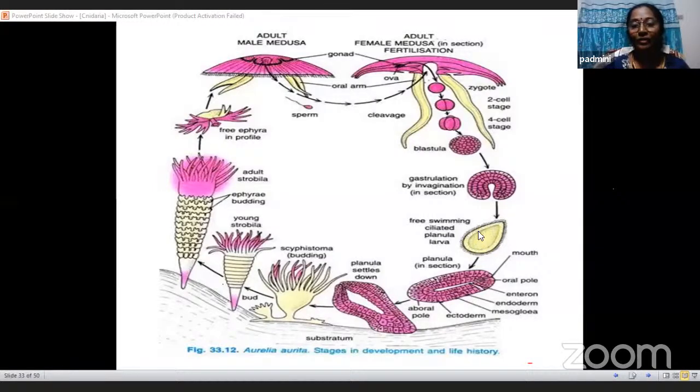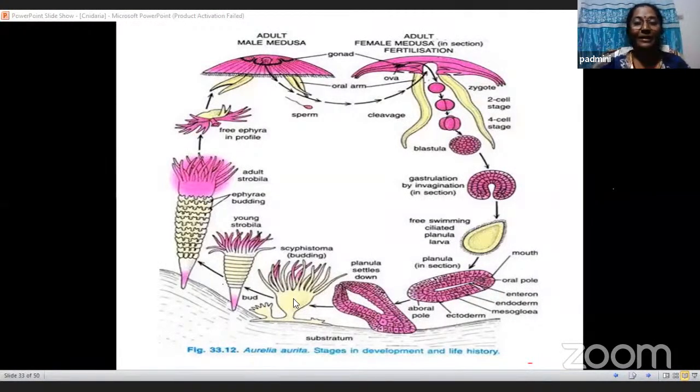Ciliated, you can find all those cilia present on the body, ciliated planula larva. Once the planula larva has grown, it goes and attaches to a substratum. Once attached, the cells again divide to form the next stage, called scyphistoma.